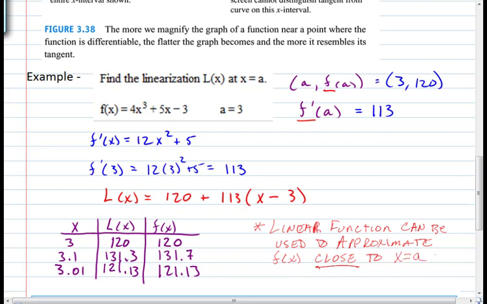Now, close I underlined because how close is close? Well, it depends on your tolerance and the problem that you're working. Okay, and that's where the differentials come in.